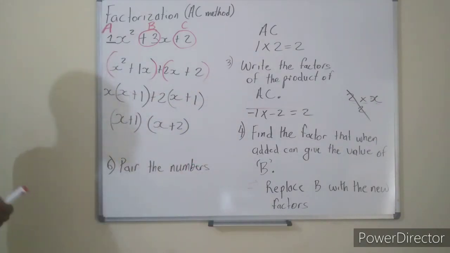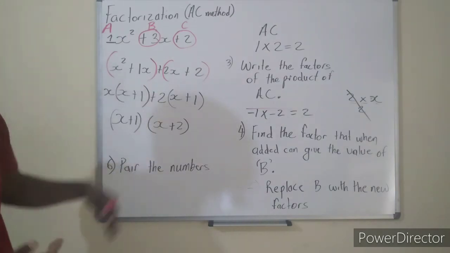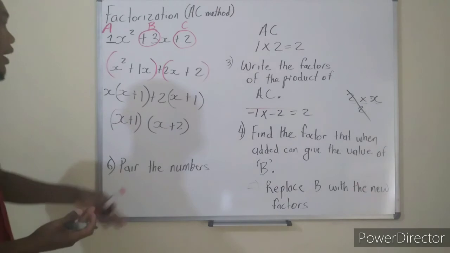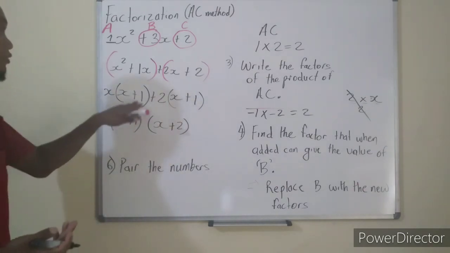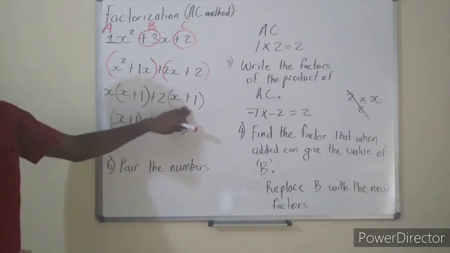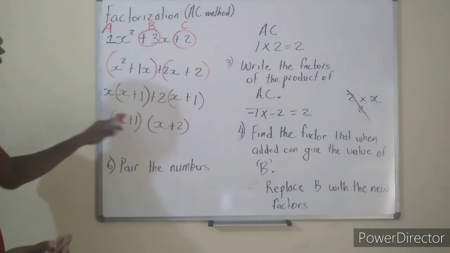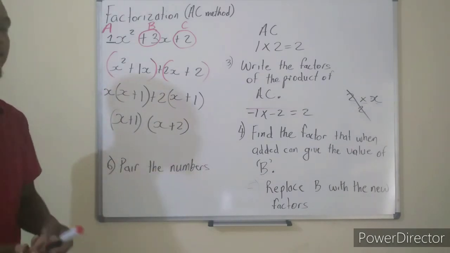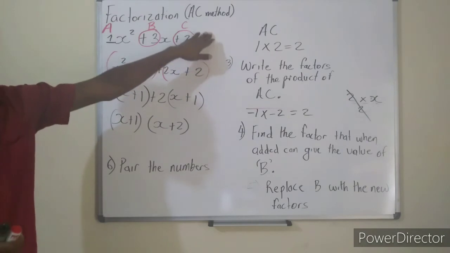From pairing them, you will do the normal factorizing by taking out what's common between the pairs and putting it on the outside. When you do that, you will be left with terms that are the same in the bracket, and you rewrite that once, and what's on the outside, you put together in a new bracket. And that's how you do factorizing using the AC method.